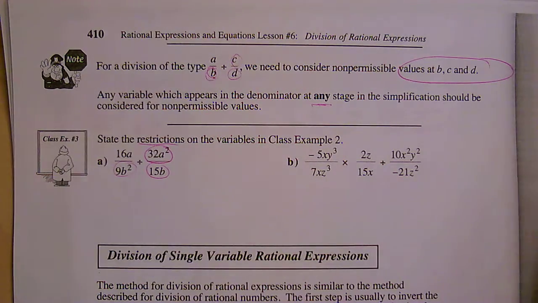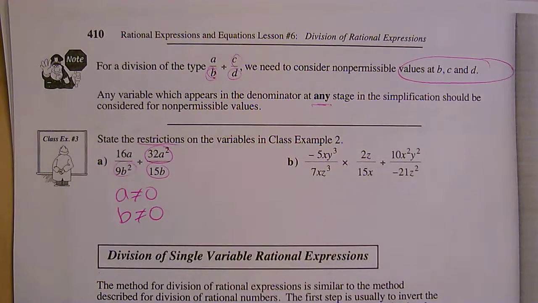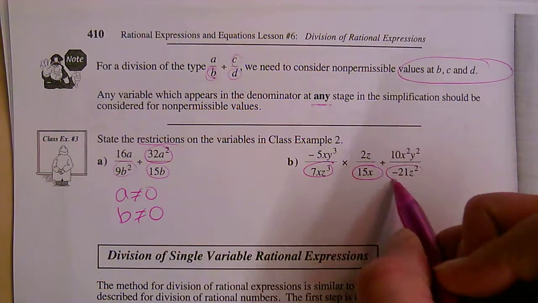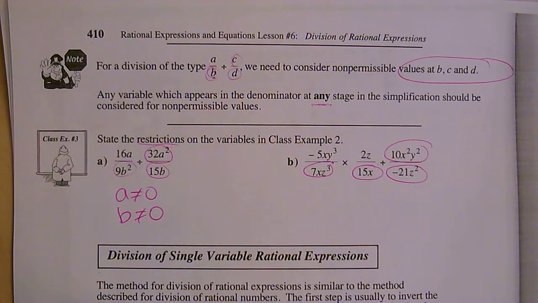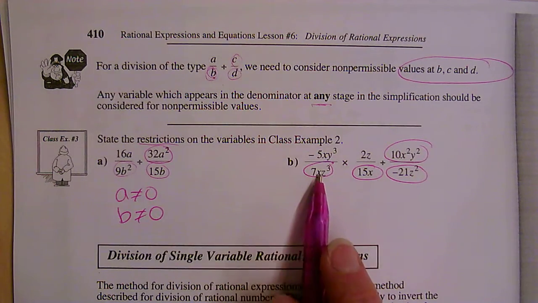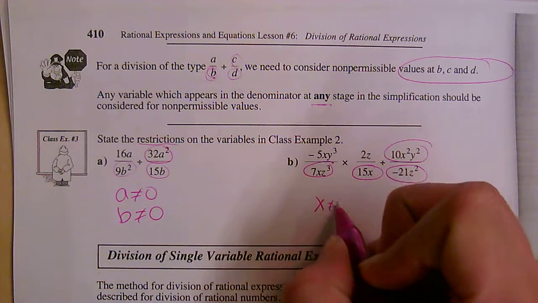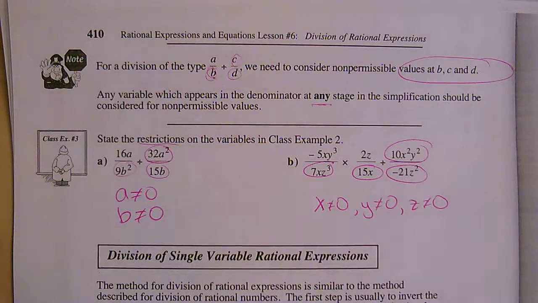So b and a, neither of those can equal 0. For this one here, all the denominators, but when I'm dividing, also the numerators. So that's going to be my x, y's, and z's. So x can't equal 0, y can't equal 0, z can't equal 0.